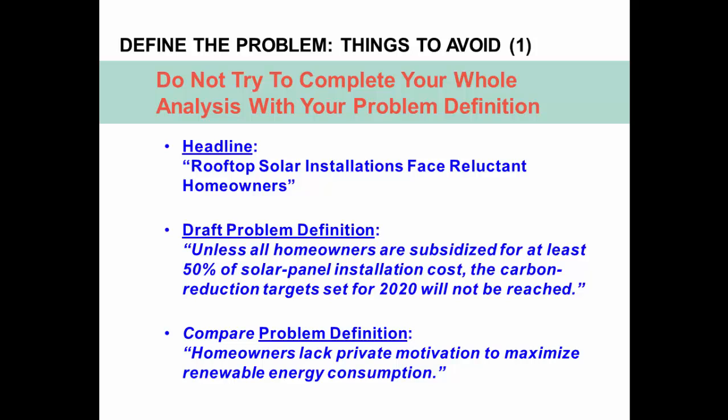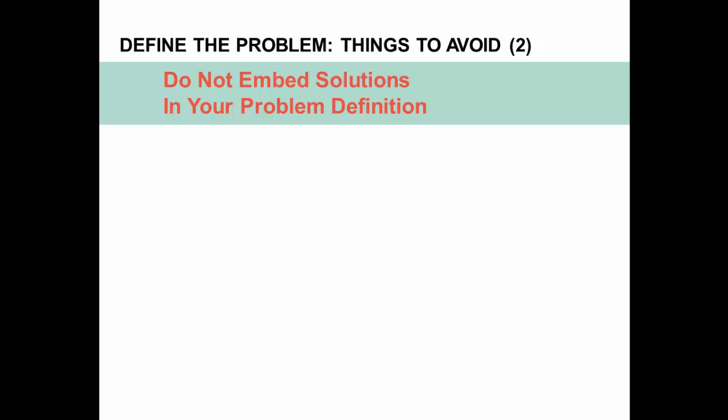As we discussed during the last lecture, homeowners lack private motivation to maximize renewable energy consumption. That'll allow us to get to the alternatives, the evidence, the criteria, the trade-offs, the outcomes, each in their turn, with sufficient focus.